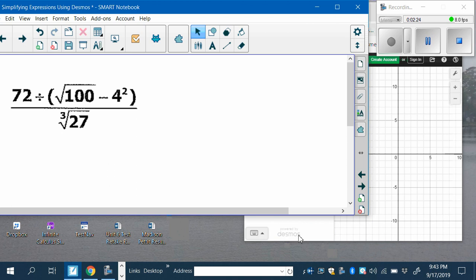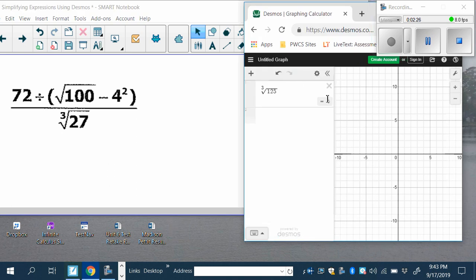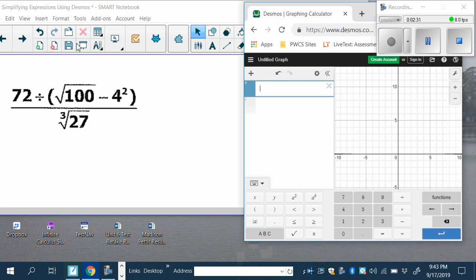What about if you had something like this? Okay, so I'm going to clear this out. What I would do first is a fraction, and I would just enter this whole thing exactly how I see it. In order to do a fraction, I press my divide sign.